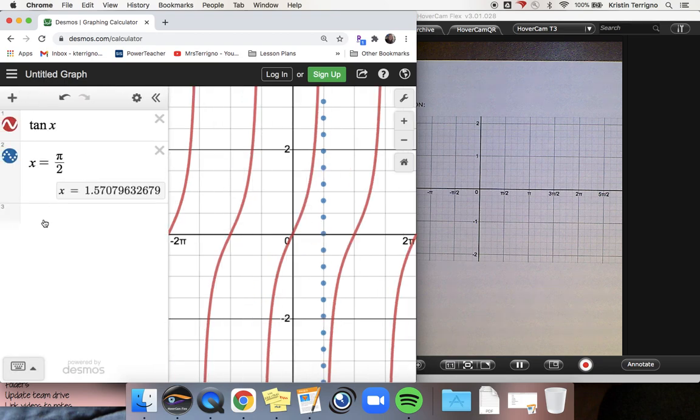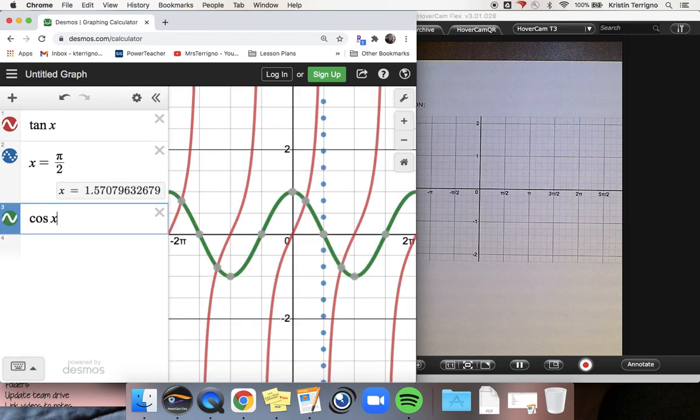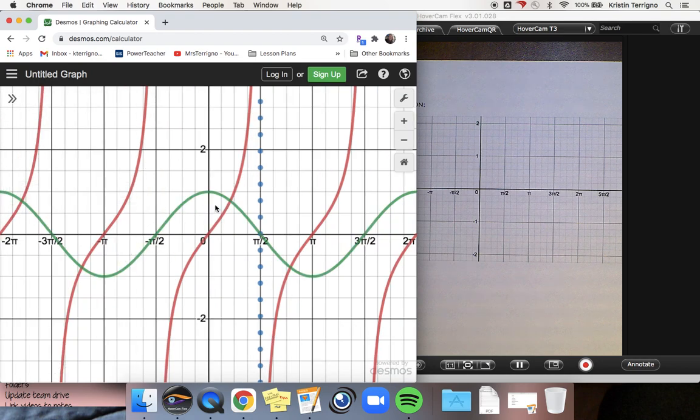Just real quick, if I throw the cosine graph on here, that green curve represents the cosine function. Anywhere the cosine hits 0, the tangent is suddenly undefined, because remember, tangent is sine over cosine.